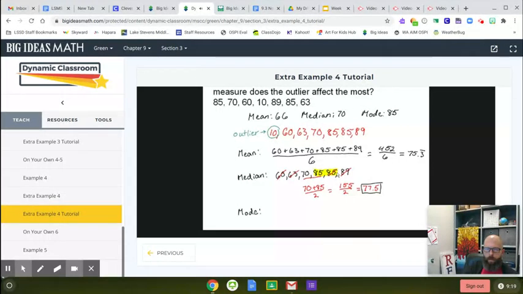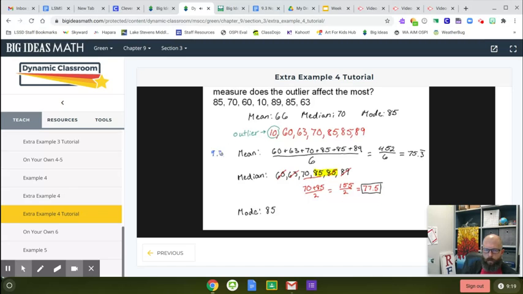Now we need to determine which measure the outlier affects the most. To do this, we will find the change in each measure with and without the outlier. First, the change in the mean with and without the outlier is 9.3 repeating. The change in the median with and without the outlier is 7 and 5/10.